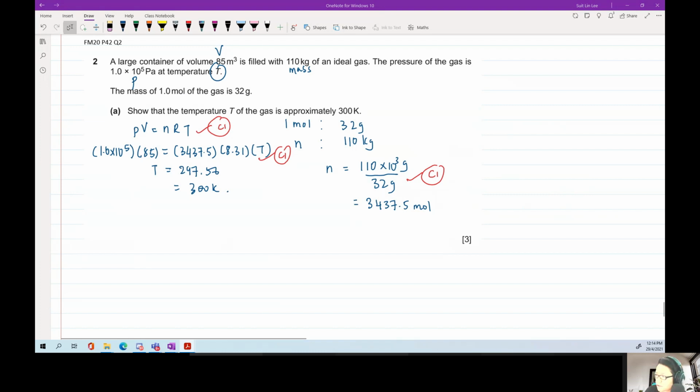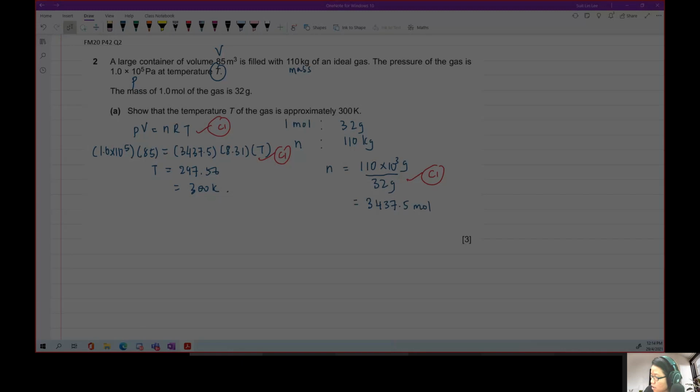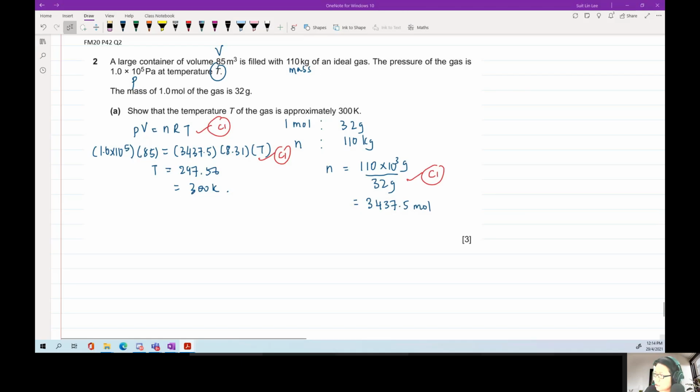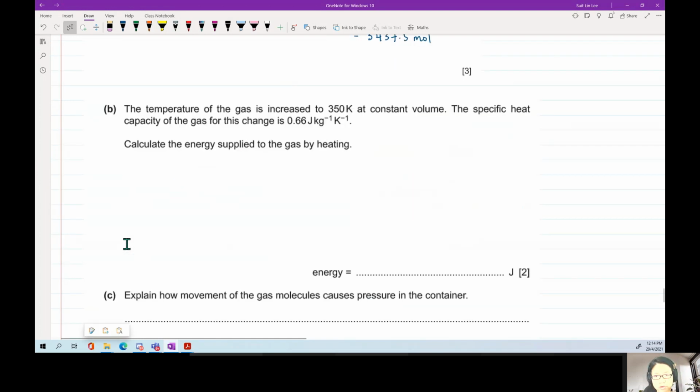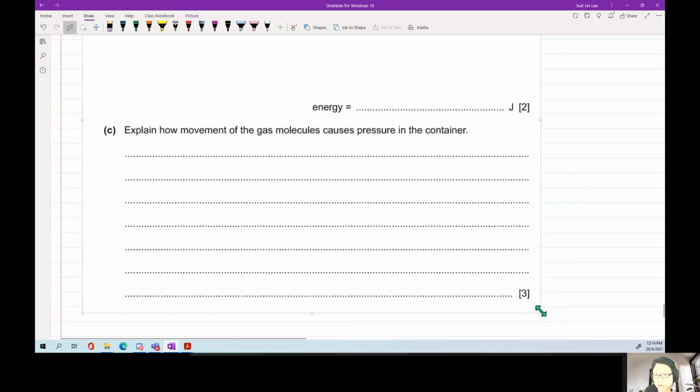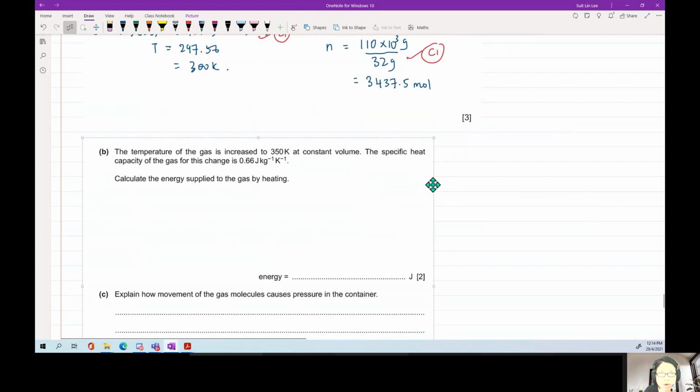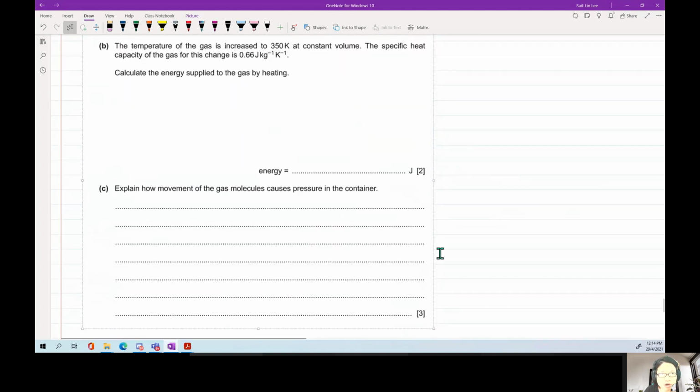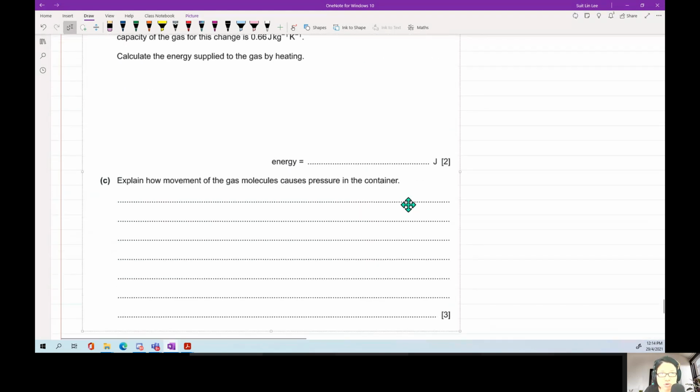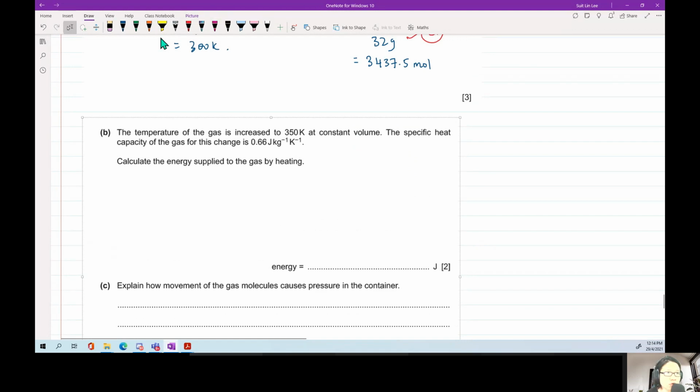Okay. Let's move on to the next part, which is part B and C. So for this part, you are given that the temperature of the gas is now increased to 350 Kelvin at constant volume.